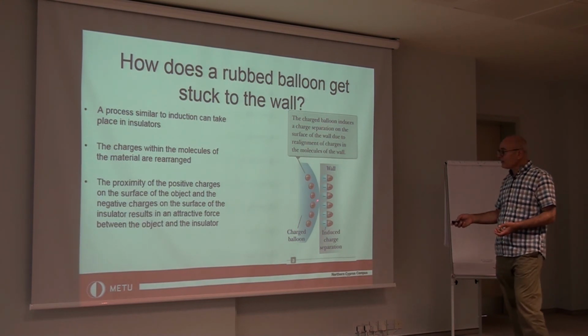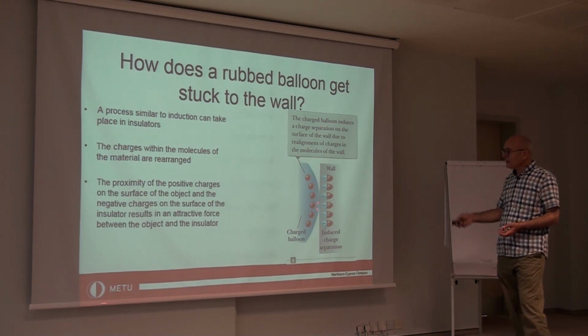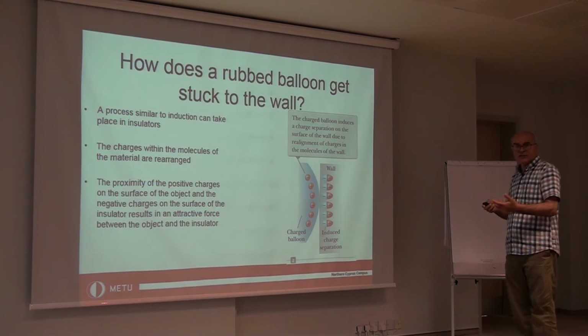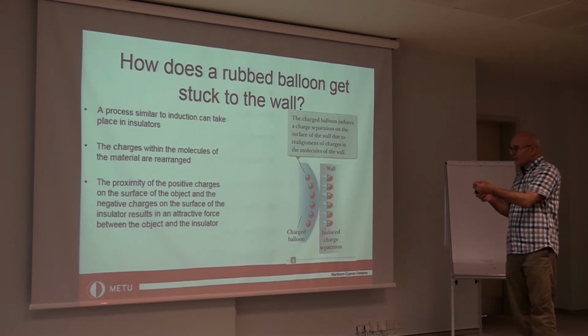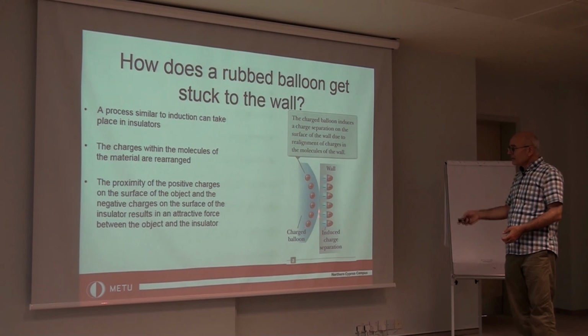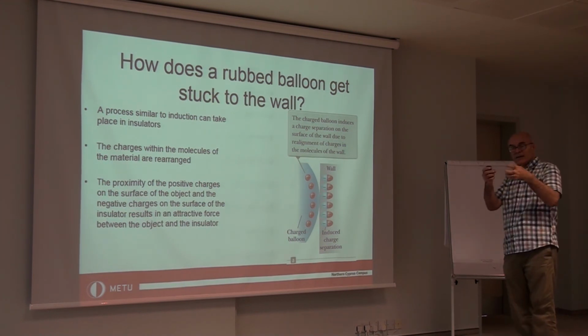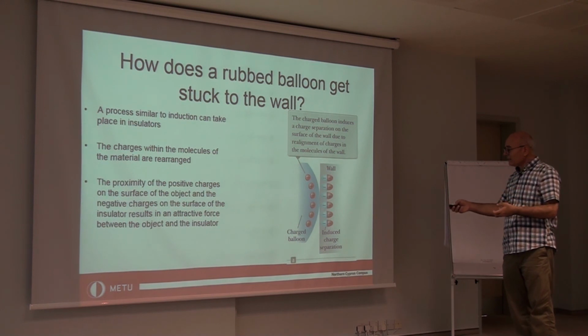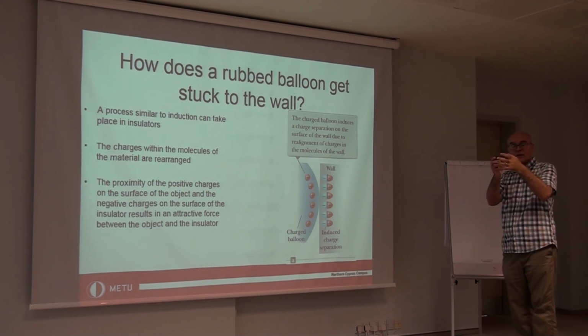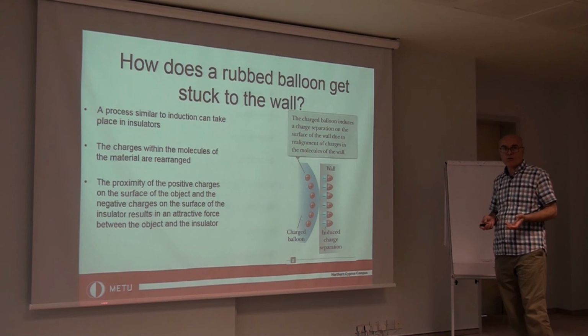So we'll have a positive charge here and a negative charge here. So these attract each other, and once you keep it in touch, it will be attracted by the electrons in the wall, and it will get stuck to the wall. That's what's happening.